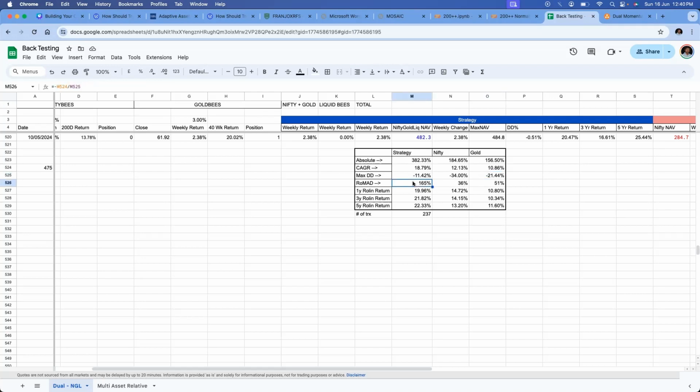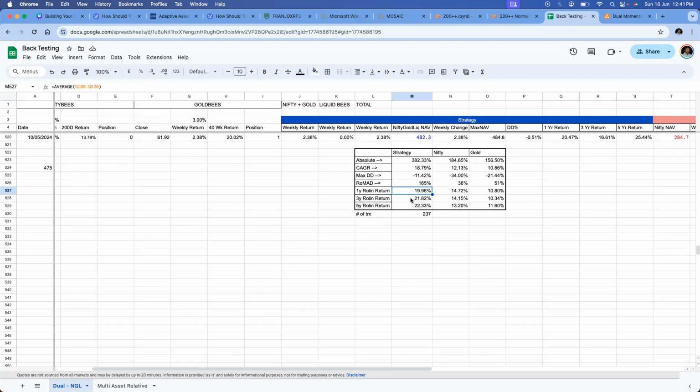So the strategy is better on both the return terms as well as on the drawdown terms. Now let's calculate the ROMAD ratio, which is nothing but the returns divided by the max drawdown. That gives an understanding of what is the risk to reward that we're taking. So on the risk to reward also, this performs really well. Another advantage of this strategy is that it is robust across time frames. So I've calculated 1 year, 3 year, and 5 year rolling returns.